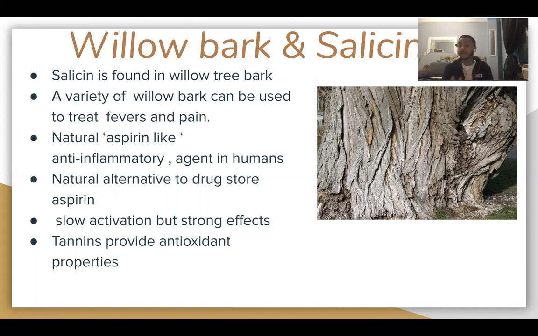And it's comparable to aspirin because aspirin is used for fever reducing and pain relieving. Even though willow bark that contains the salicin would have slow activation, it does have strong effects. So a lot of people are told to watch how much they take at a time and how much they take generally.